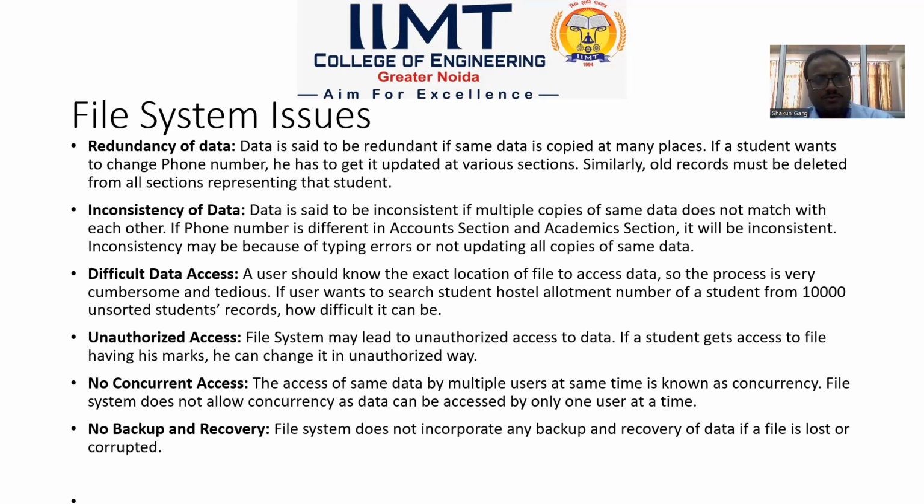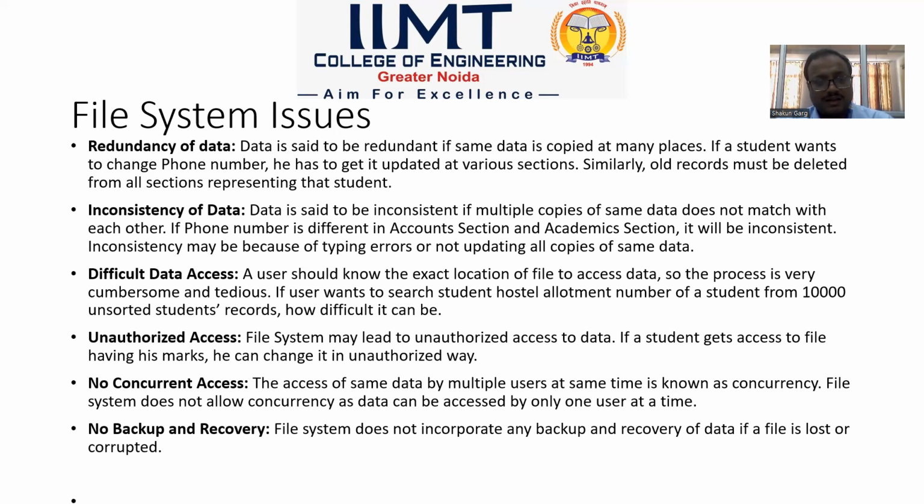There are chances of more data redundancy, chances of inconsistency in the data, chances of difficulty in data access, chances of unauthorized access, chances of no concurrent access, and chances of no backup and recovery.